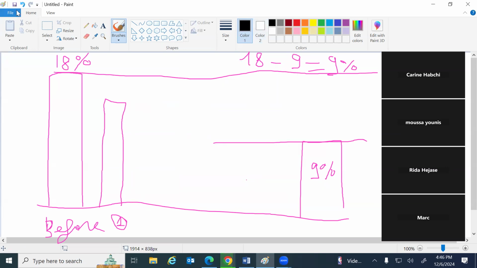Okay, so we just have to find what is the value here. We do 18 minus 9 times the weight of the strategy, which is 8/39.